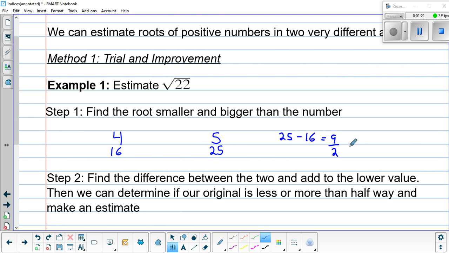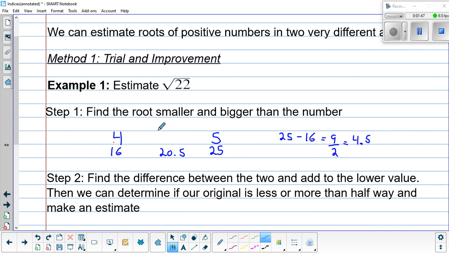We want halfway in between. So we're going to take this 4.5 and add it onto our 16. So halfway is 20.5, oops, not 20.25, 20.5. Right, so that's our halfway in between.